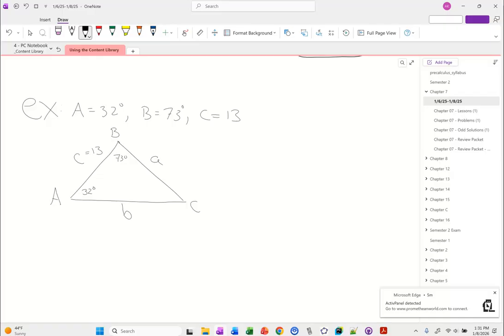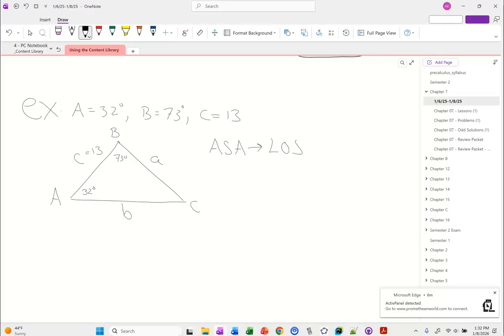Now I'm going to ask, what situation are we in? Not side-angle-side, because we're only given two angles. Angle-side-angle, yes. So, because it's an angle-side-angle situation, I know I'm going to be using the law of sines. Everybody feel all right there? Okay.